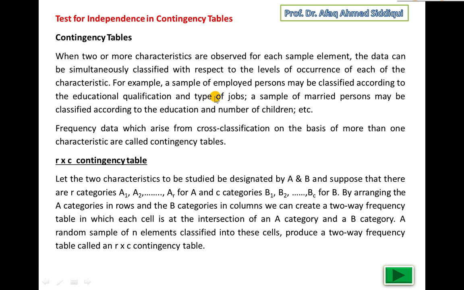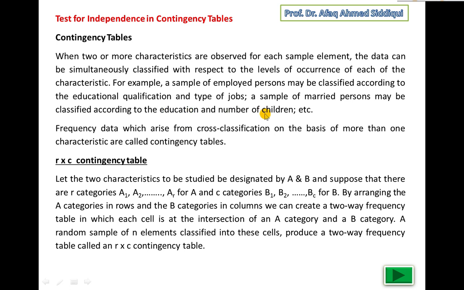Okay. Now, a sample of married persons may be classified according to education and number of children. You can also classify this education into groups: matric, inter, graduate, non-graduate, etc. Then we will represent the subgroups in rows and columns.